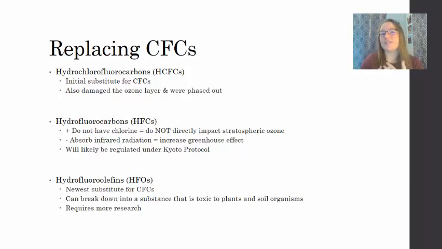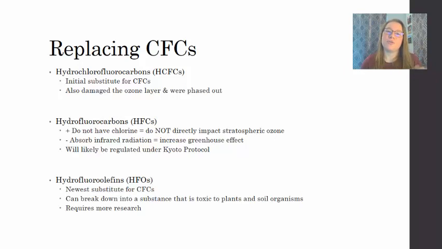Now the benefit here is that they do not have chlorine, so they do not directly impact that stratospheric ozone, but the drawback is they're absorbing some infrared radiation and they're contributing to the greenhouse effect. And we'll talk more about that in a subsequent video. Now these hydrofluorocarbons are likely going to be regulated under the Kyoto Protocol. Now this we'll talk about later when we talk about those greenhouse gases.